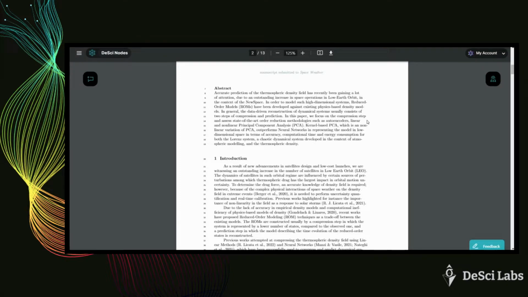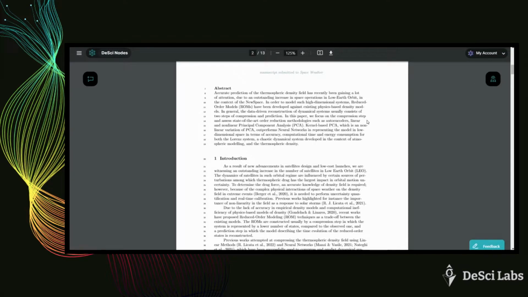The first section is the compression. We have a bunch of data, which is the density at different altitudes, latitudes and longitudes, and we want to compress this data to be able to work with it. In the paper, I will describe the dataset and the data size, but for now it's sufficient to say that we cannot work with the original data.